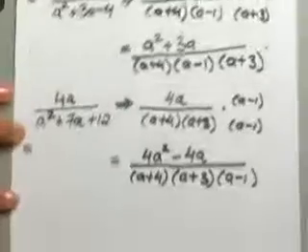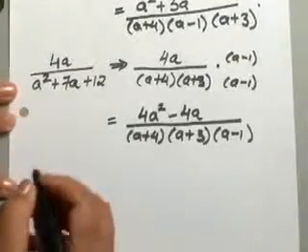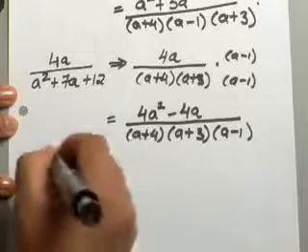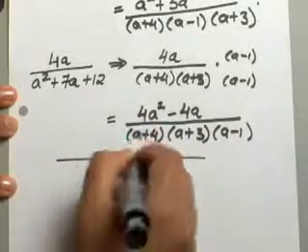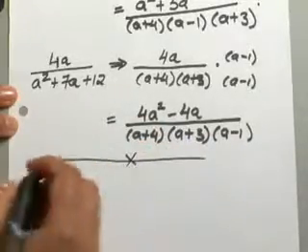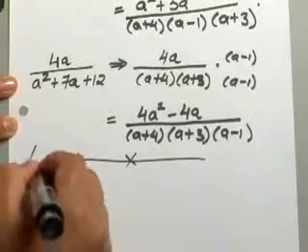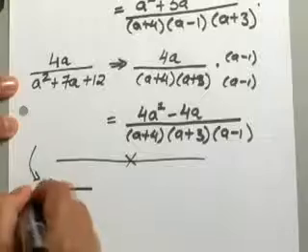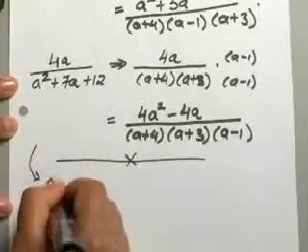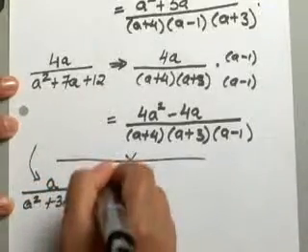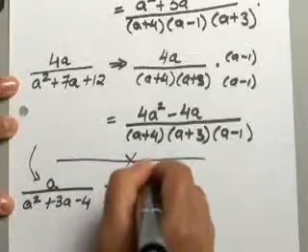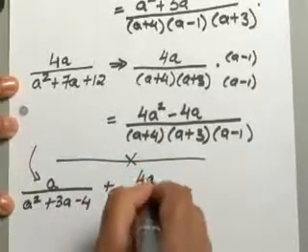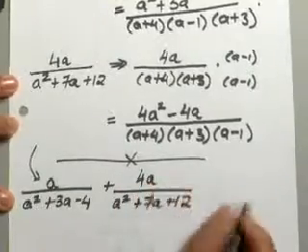So let's see what we're going to end up with. You have a over a squared plus 3a minus 4 being added to 4a over a squared plus 7a plus 12.